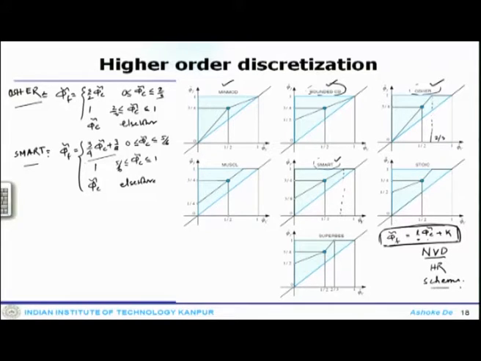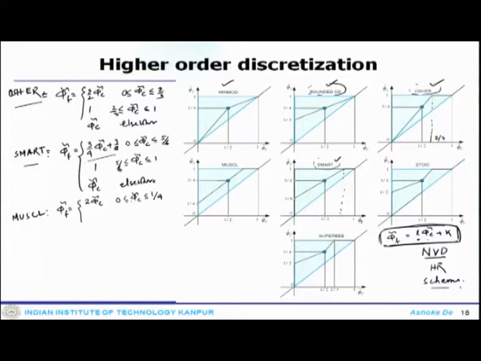Now we can see how one can look at the MUSCL scheme. This MUSCL scheme says the face value could be 2 phi c when phi c tilde lies between 1/4 and 0.